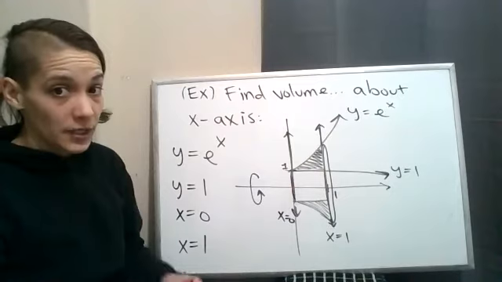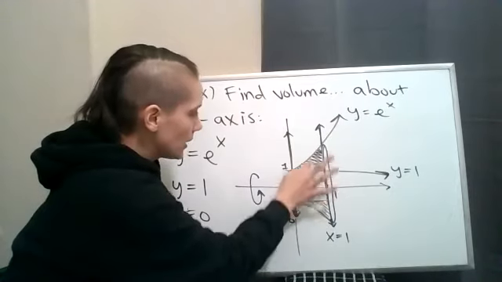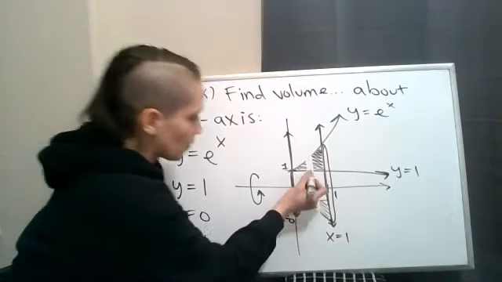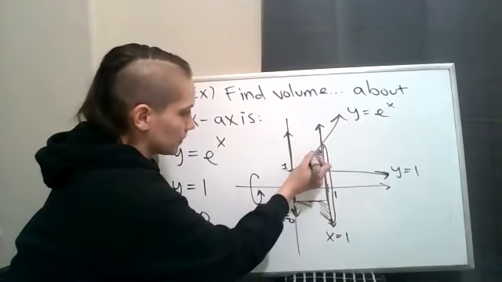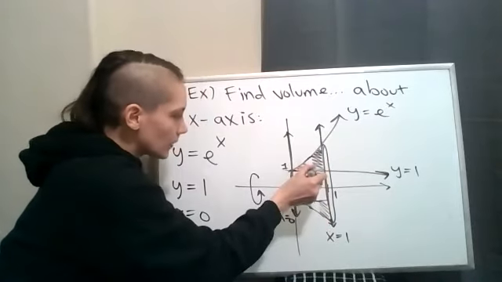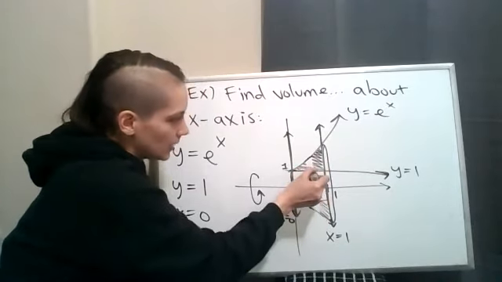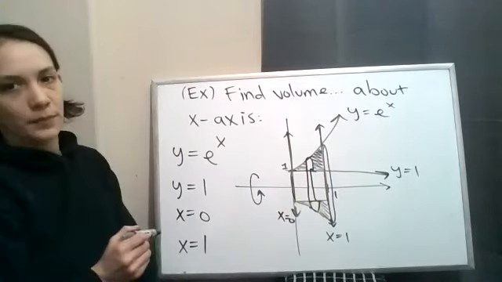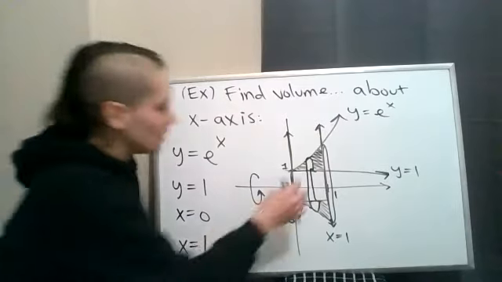Let's draw the washer first. So we're going to hook something around, inside and then the outside. Okay, and we'll give it a little width.